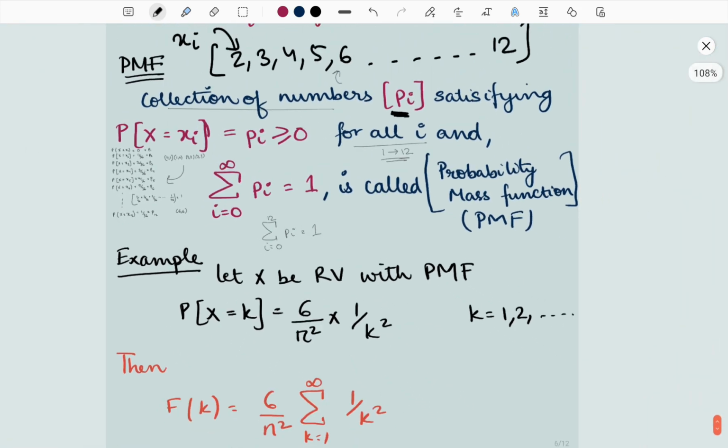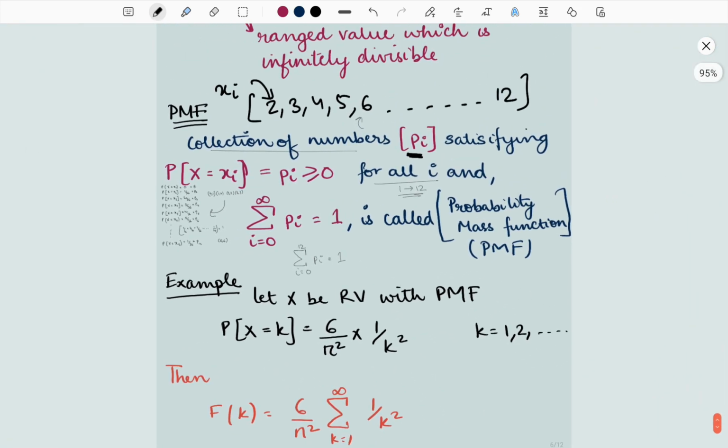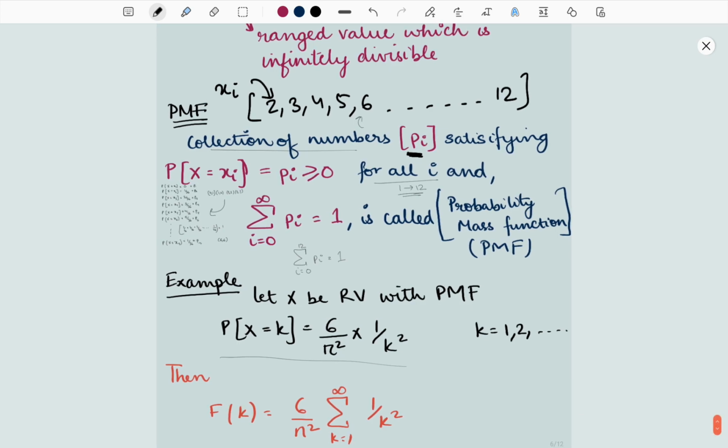Now here's an example. Let X be a random variable with a PMF. This is the PMF of the random variable. So P(X = k) equals 6 by pi square into 1 by k square. K can take values from 1 to infinity. So f of k will be this.